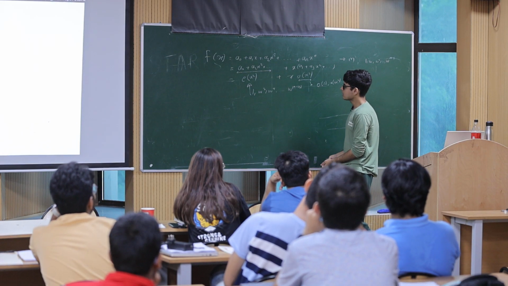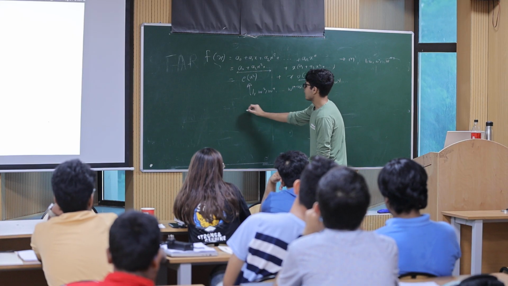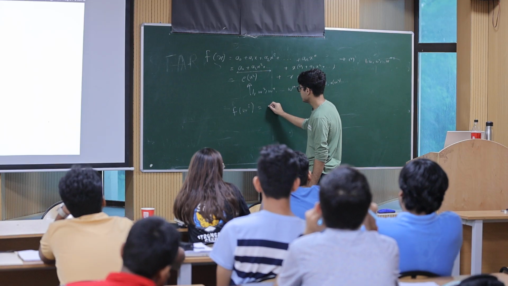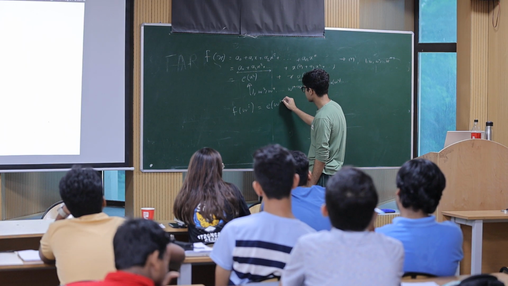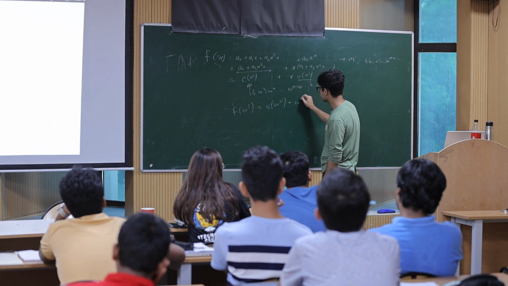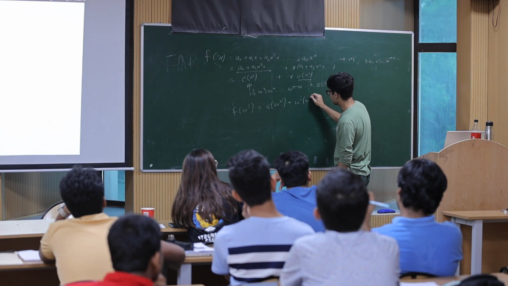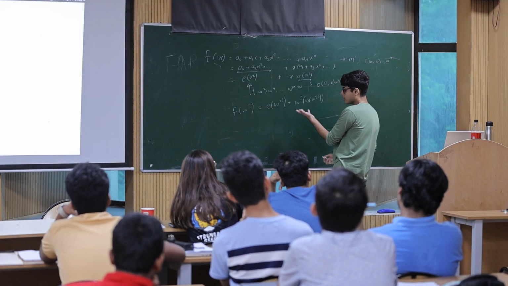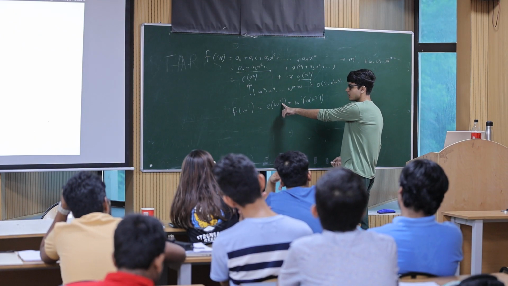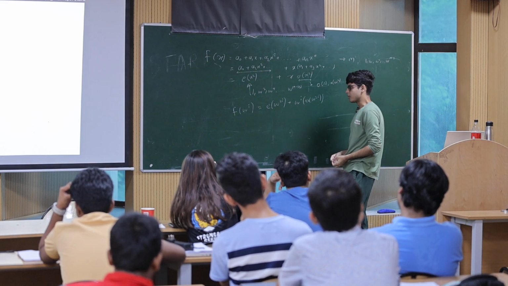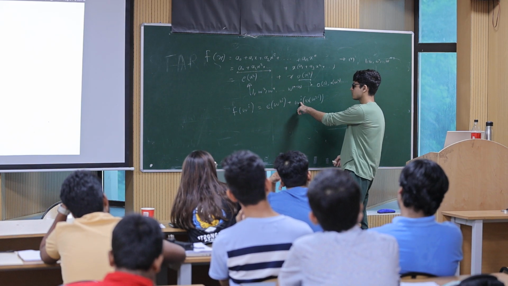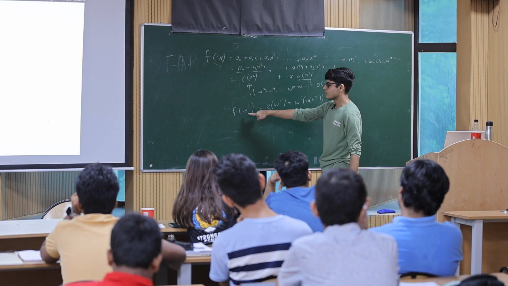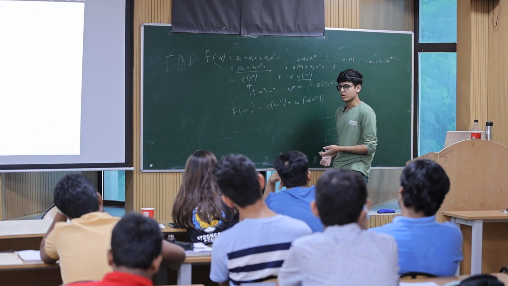You can clearly see that f of omega raised to i is just equal to e of omega raised to 2i plus omega raised to i into odd of omega raised to 2i. And I already know omega raised to 2i because that's my induction hypothesis. And I know omega raised to i. So I have made calculation of f of omega raised to i an O of 1 operation.